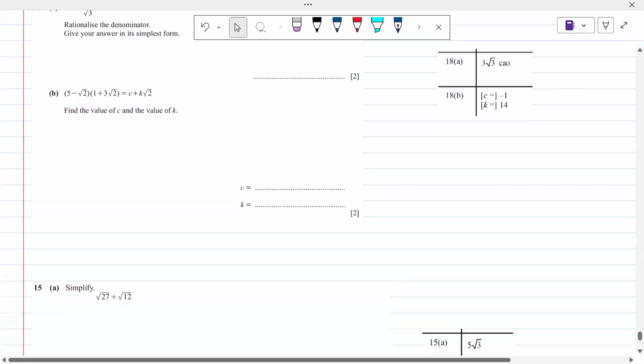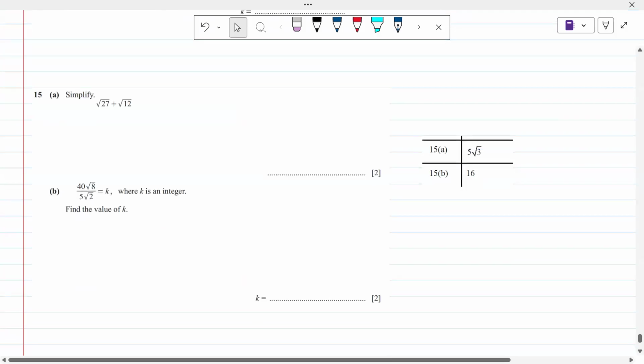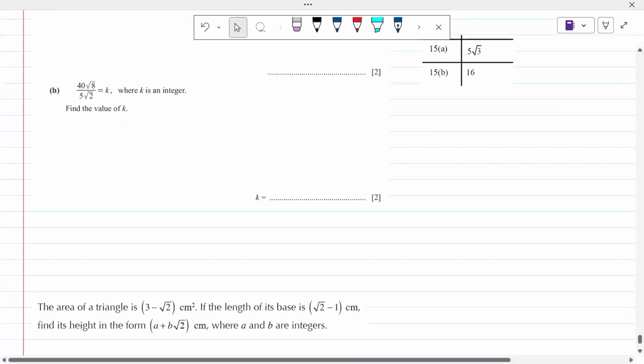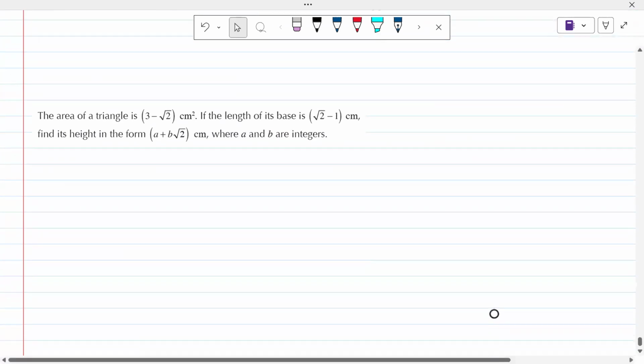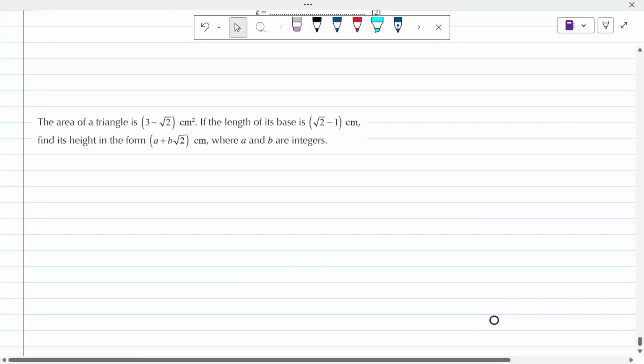In addition to this question, you can have a look at one more question. I have also added the answer here. So once we are done with these questions, the last thing to be discussed in Surds is we can also expect some word problems for Surds, like this example here.